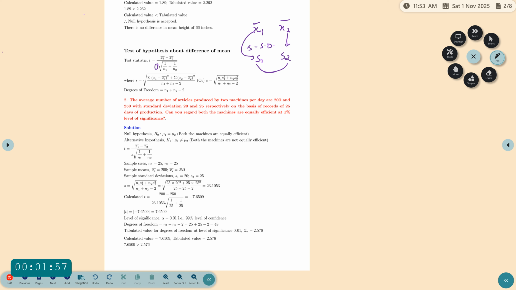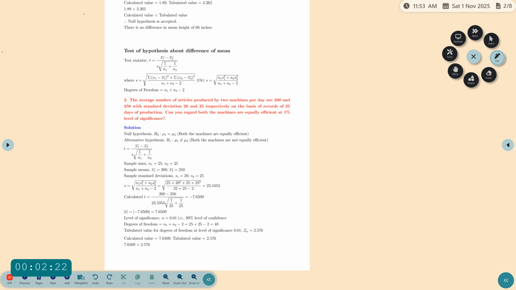For this we have to use this formula: S equals the square root of n1 S1 square plus n2 S2 square divided by n1 plus n2 minus 2. Suppose x1 bar, x2 bar, s1 and s2 are not given straight away, and the data is given. From this we have to calculate x1 bar, x2 bar, s1 and s2.